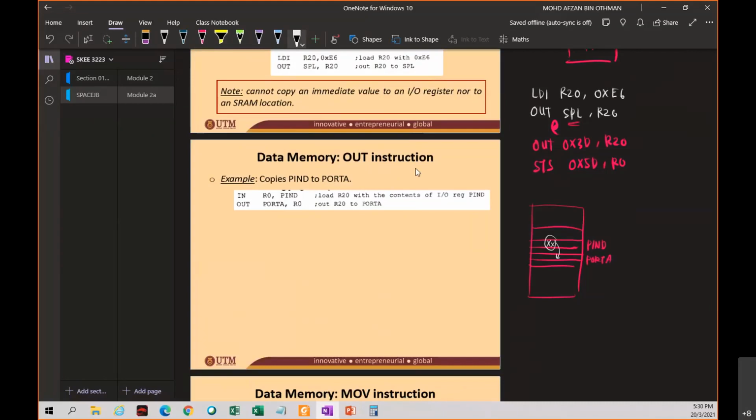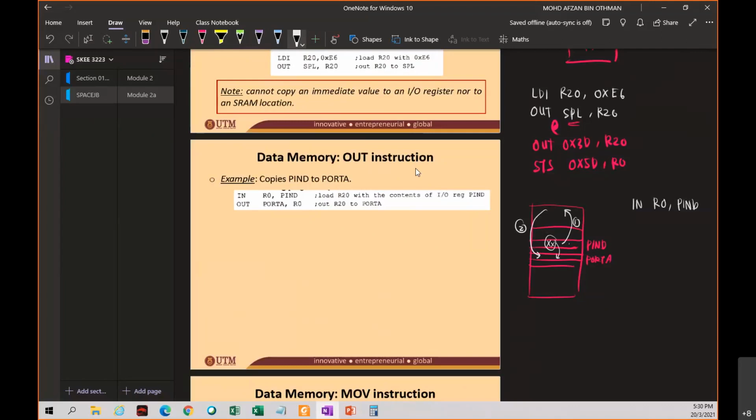Sebabnya, all the instructions kita belajar tadi, dia kena melalui GPR. Kamu kena pergi ke GPR dulu. From that GPR barulah pergi masuk ke port A. So daripada sini nak pergi ke GPR guna apa? In instruction. So in R0, pin D. So what happens here?